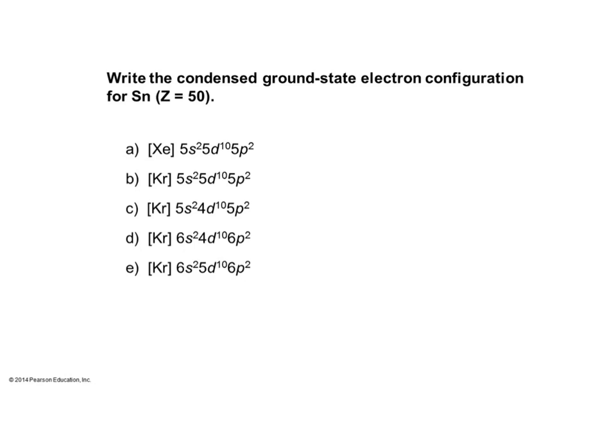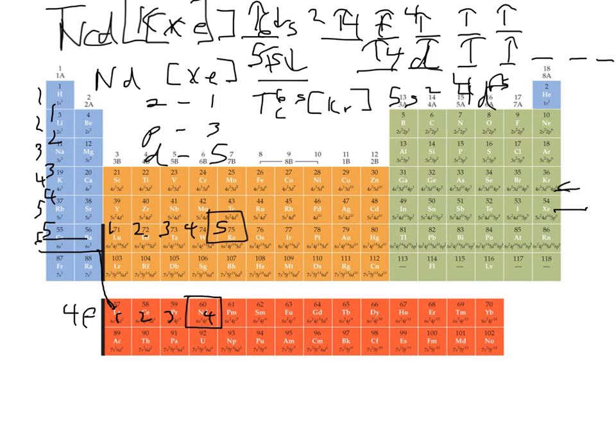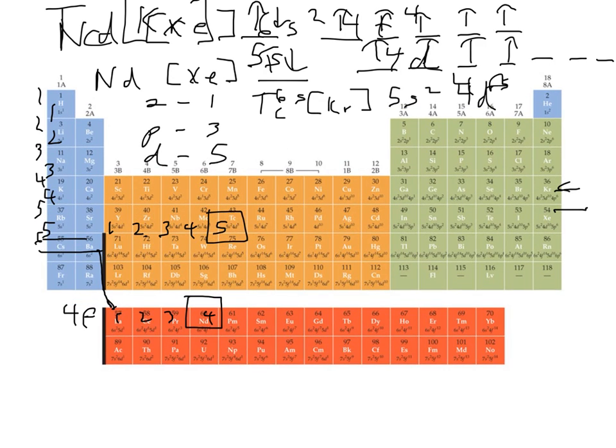Alright, in order to write the electron configuration for tin, the first thing we have to do is locate it on our periodic table. So let's see, where's tin? Here's tin. The preceding noble gas is krypton.